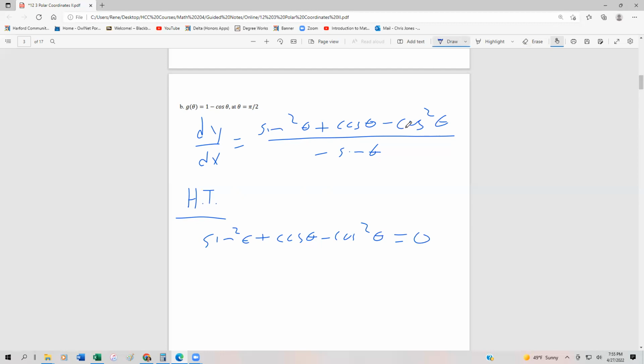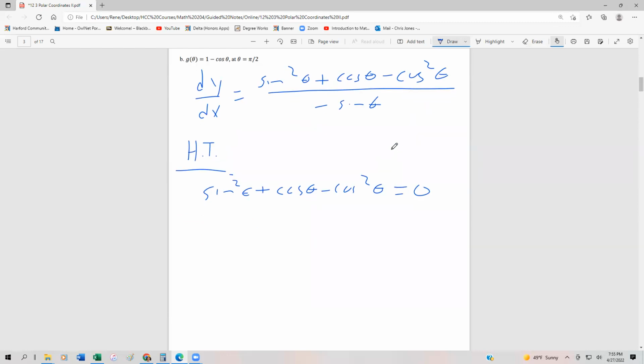Now, to solve this, what would probably be helpful is if we got everything in terms of cosine. So we're going to use the fact that sine squared theta is 1 minus cos squared of theta.